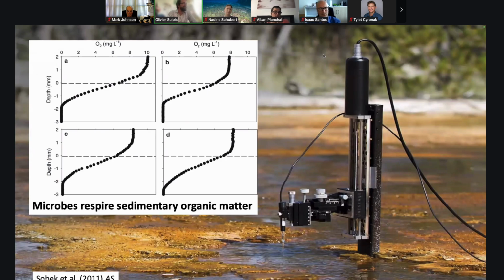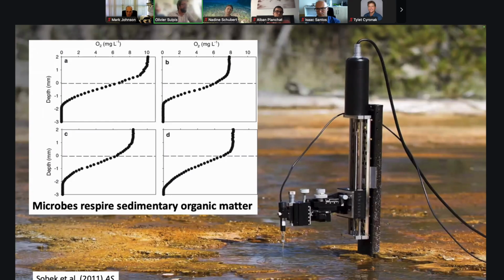So here we're looking at a bunch of profiles of the amount of oxygen that we would have in the pore waters. Here the horizontal dashed line would be the sediment water interface. Using microsensors, with a setup such as this one, we always see that as soon as we enter the sediment, the oxygen decreases, and at some point there is no oxygen anymore.